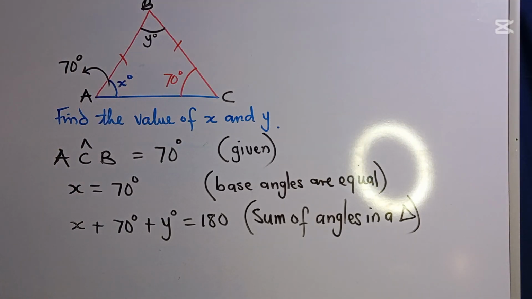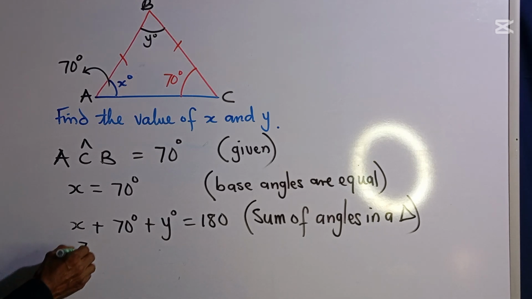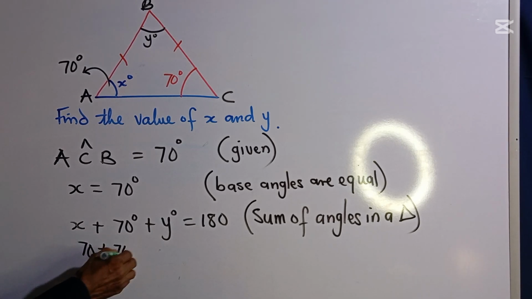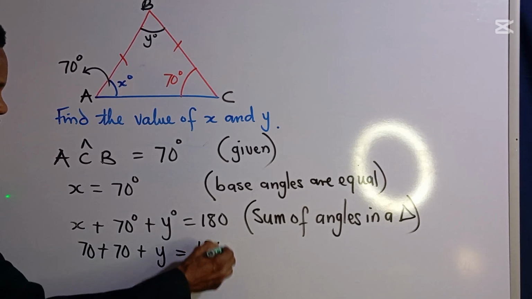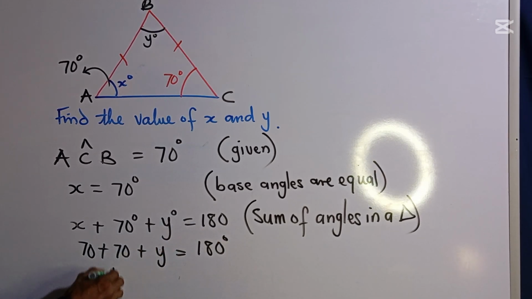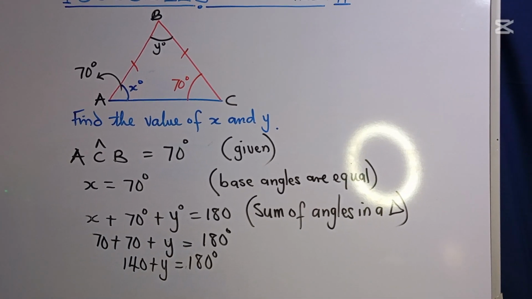Next, let's substitute, because we already know x. So we have 70 plus 70 plus y equals 180 degrees. So we have 140 plus y equals 180 degrees. So what is y?